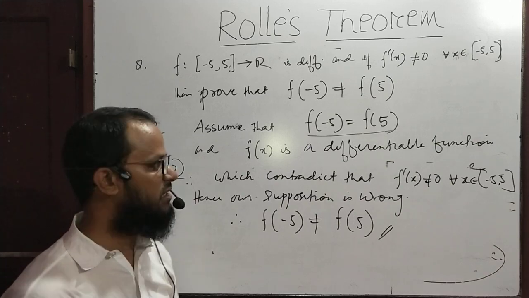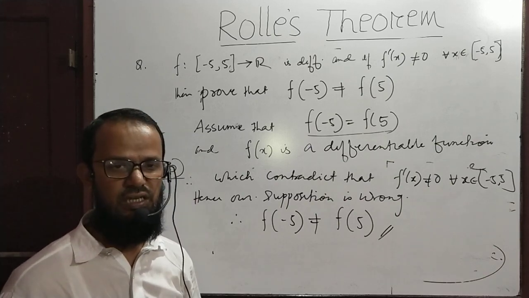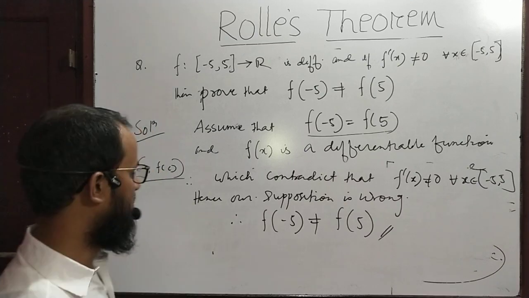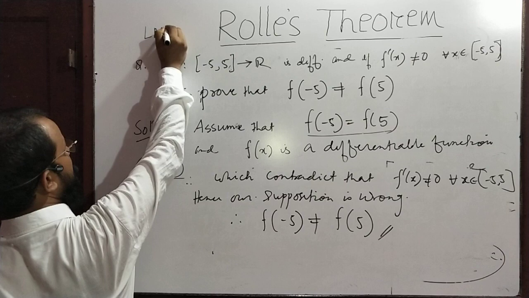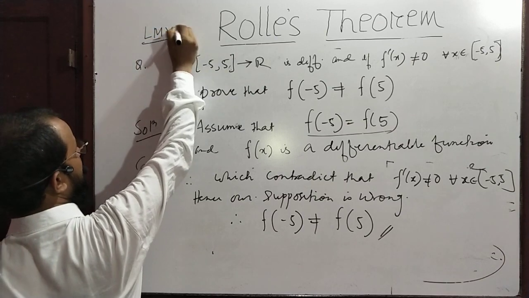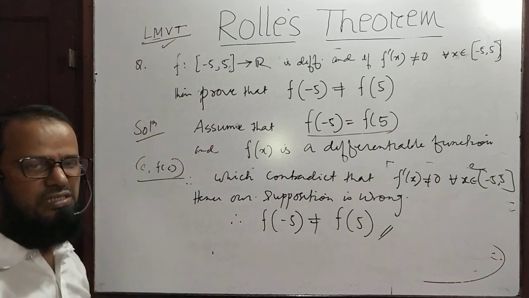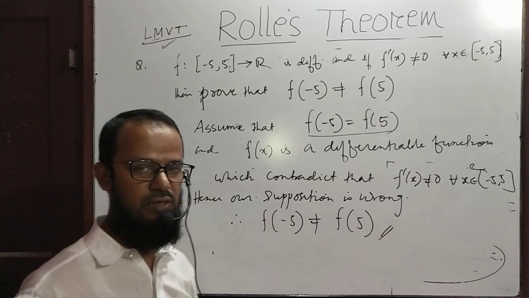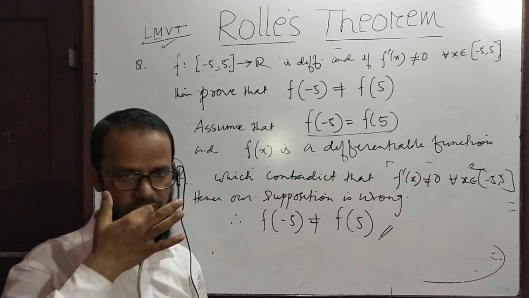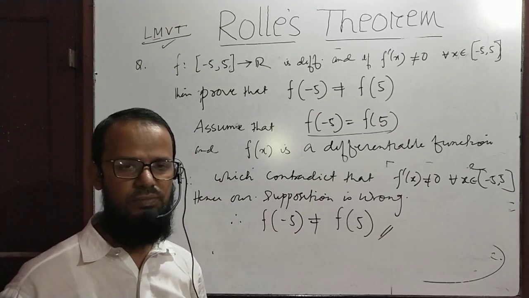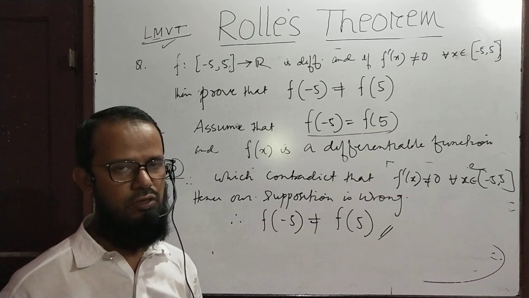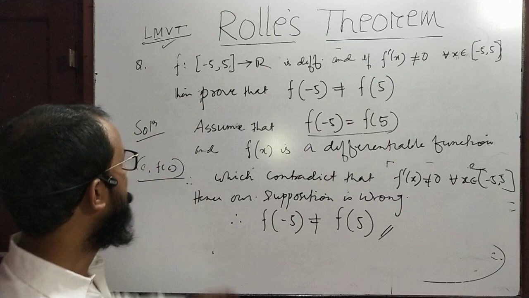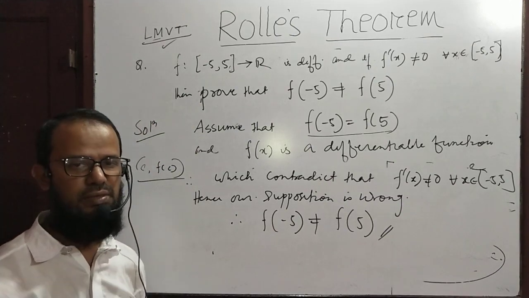In the next class I will start with Lagrange's mean value theorem, in short written as LMVT. There are two types of mean value theorem: one is Rolle's theorem, another is Lagrange's mean value theorem.